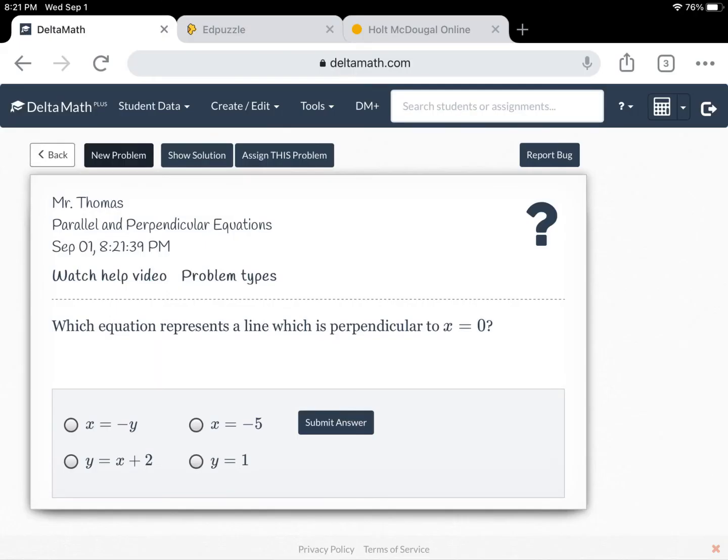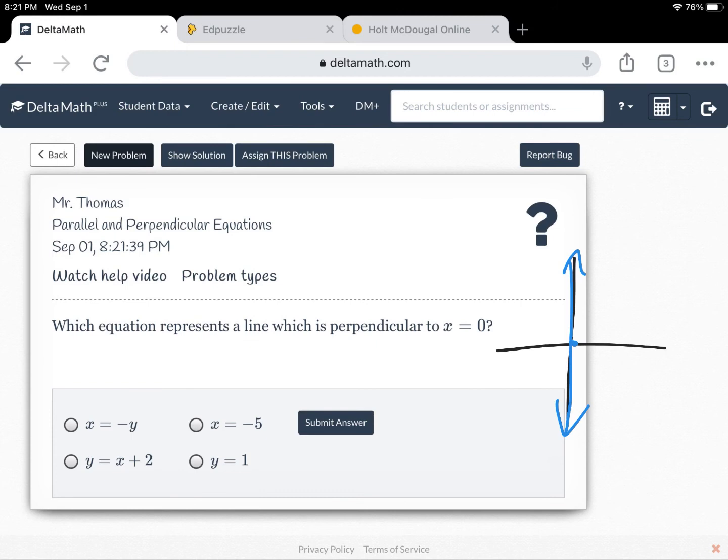Which equation represents a line that is perpendicular? Now, x equals 0, okay? X equals 0, that's a vertical line, because when you go on the graph, x equals 0 here. Remember, to be a function, it must pass the vertical line test.